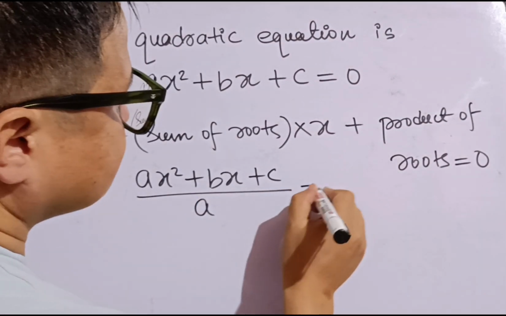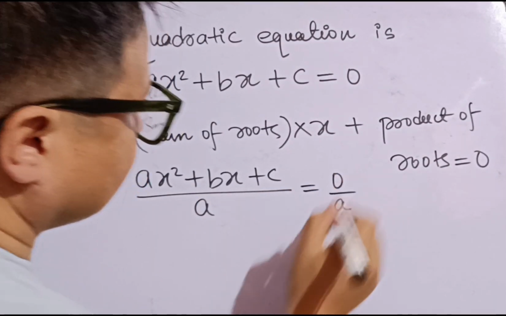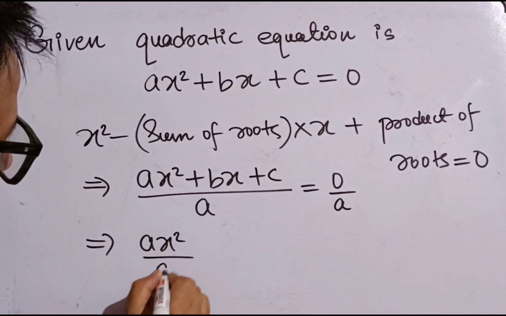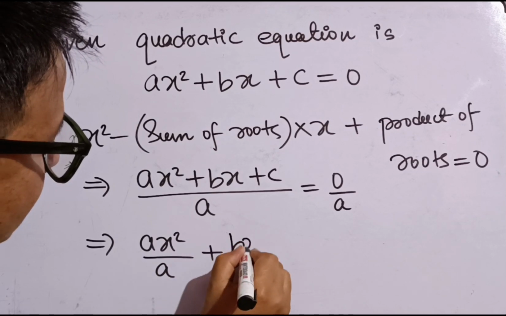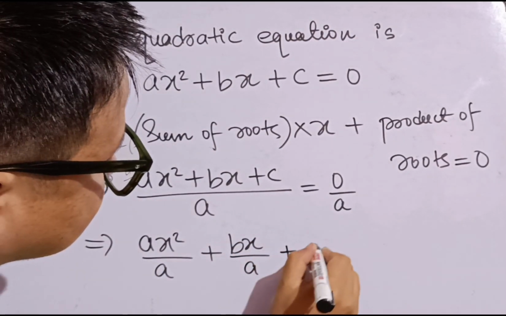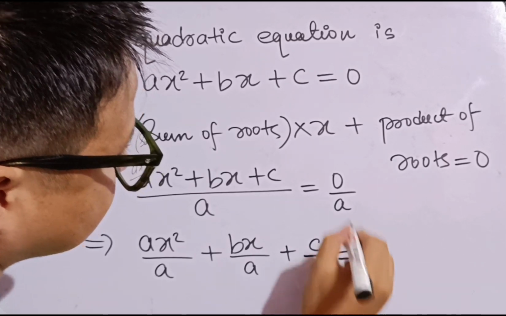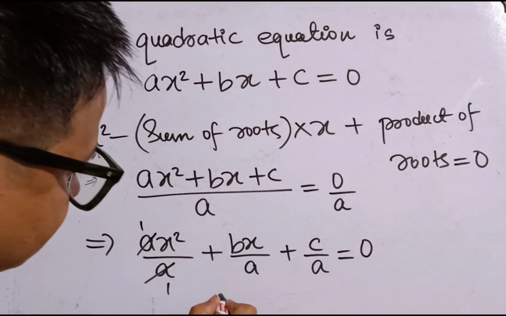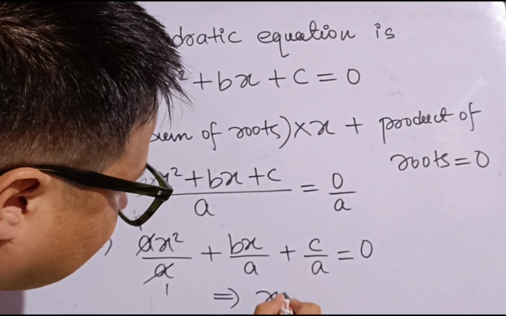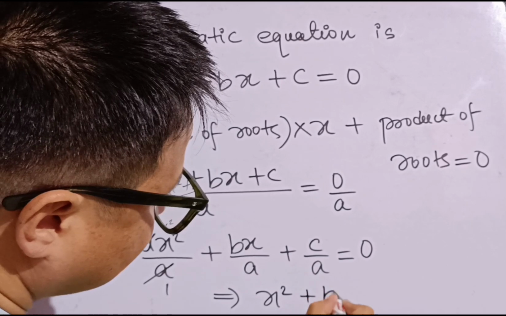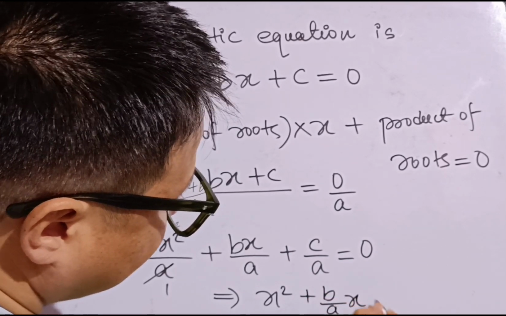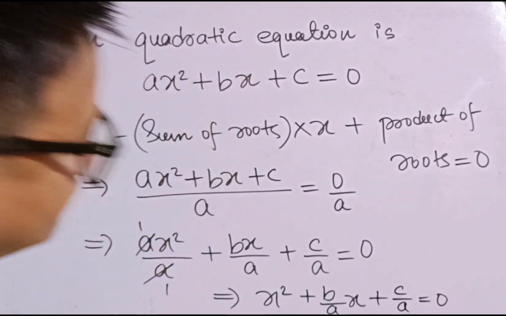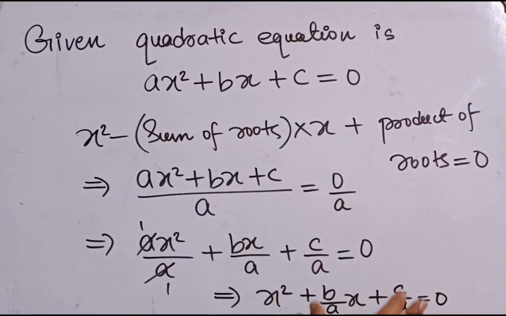In the left hand side, we now get ax squared upon a plus bx upon a plus c upon a, and this is equal to 0. We can cancel a with a, so the left hand side becomes x squared plus bx upon a plus c upon a.